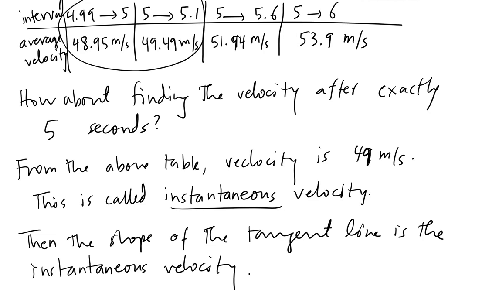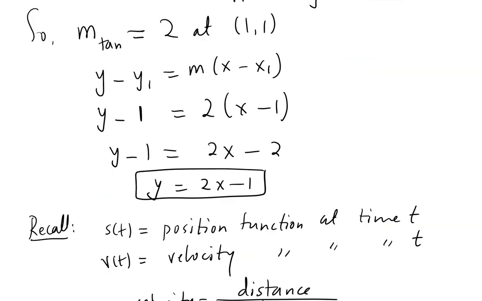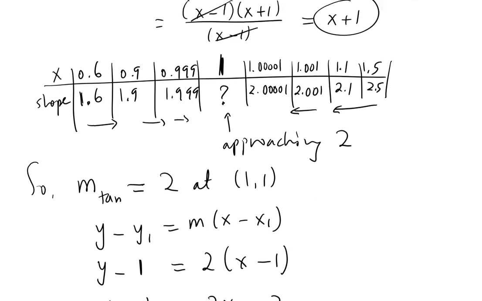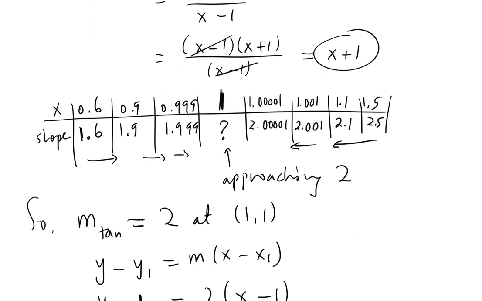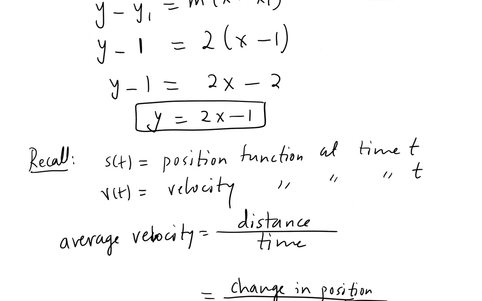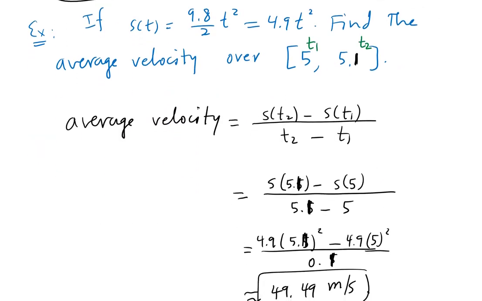And the slope of the tangent line at some point is the instantaneous velocity. That's all they want us to learn in this section. And it's a good review to recall how to find equations of straight lines and how to calculate the slope for the line connecting two given points. Any questions about this?